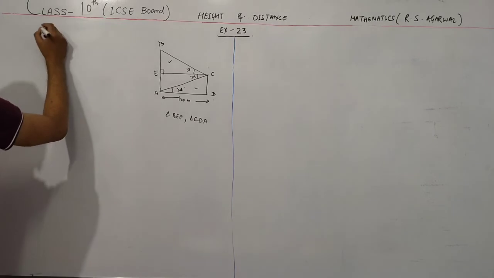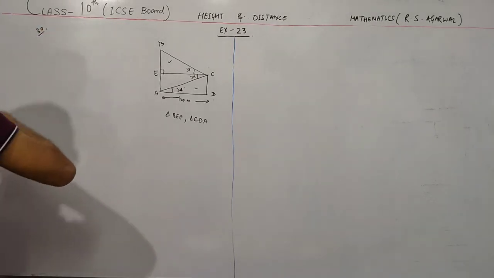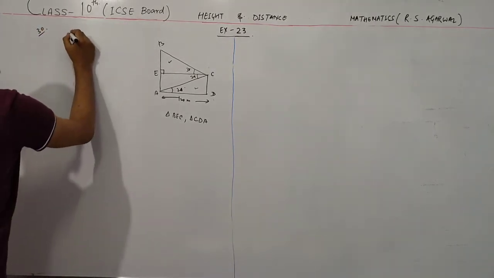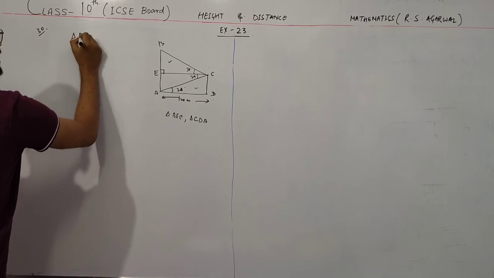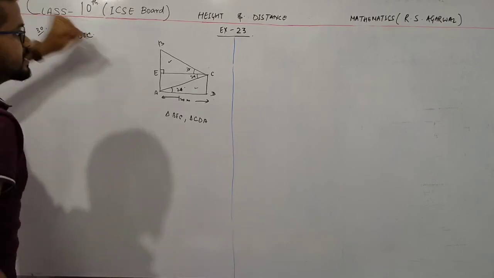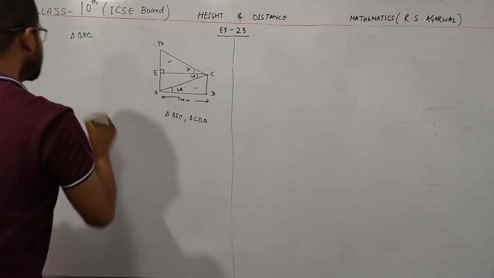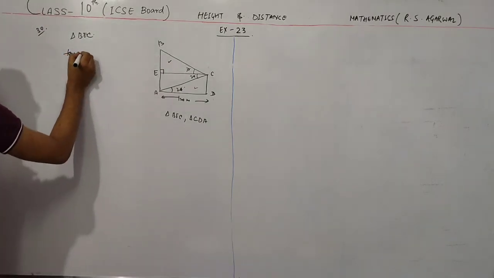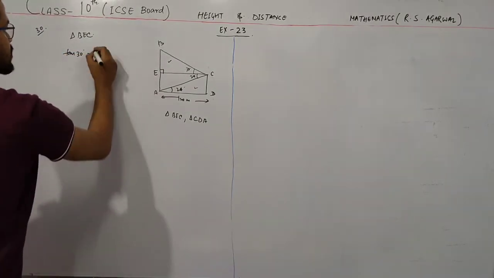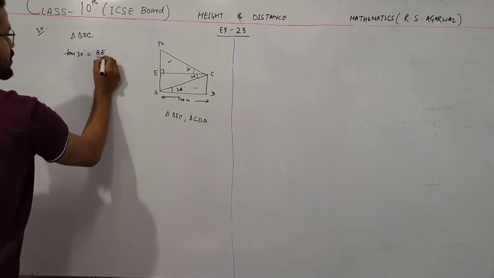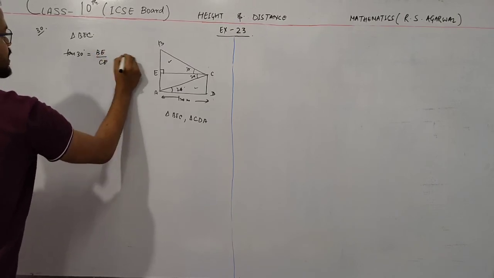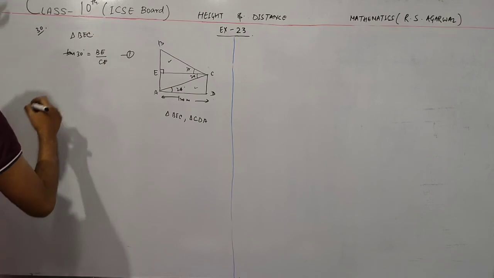So this is question number 30. Take the first triangle. I am taking here triangle BEC. Okay. This is the triangle BEC. Here tan 30 degree is equal to BE upon CE. Okay. This is equation number 1.